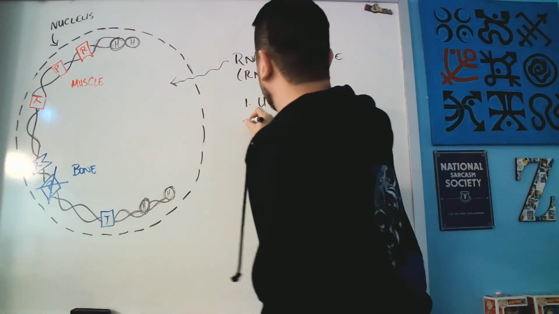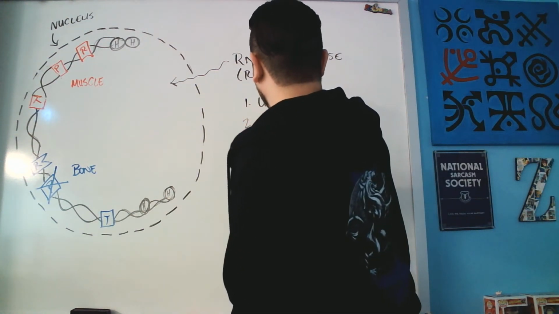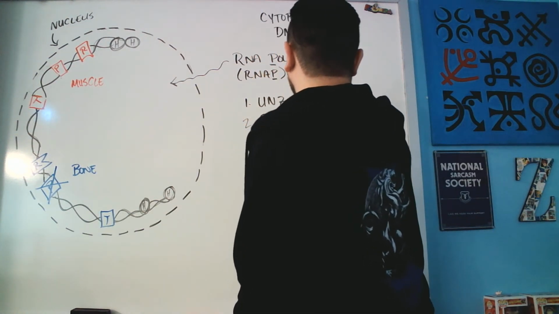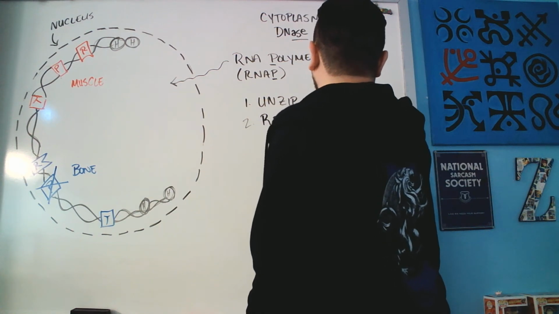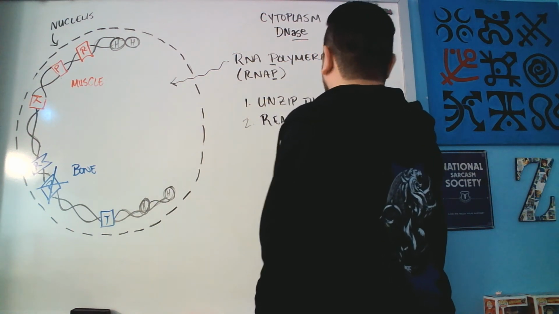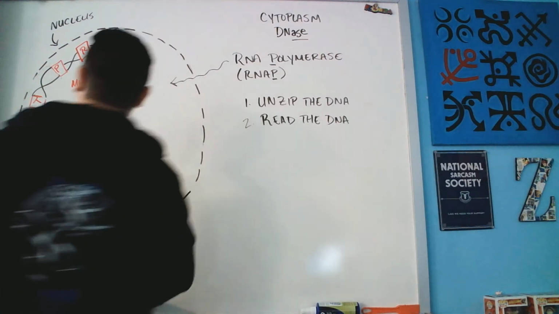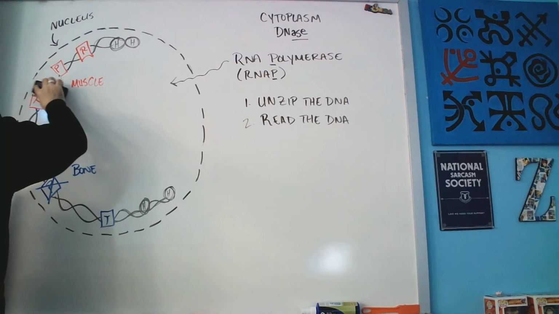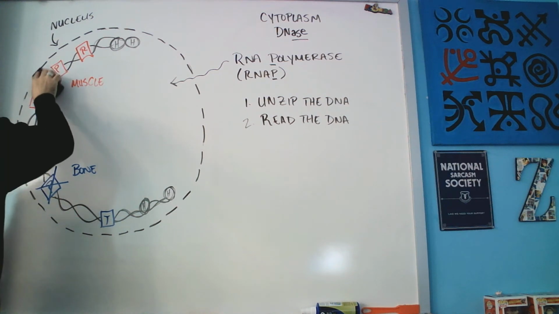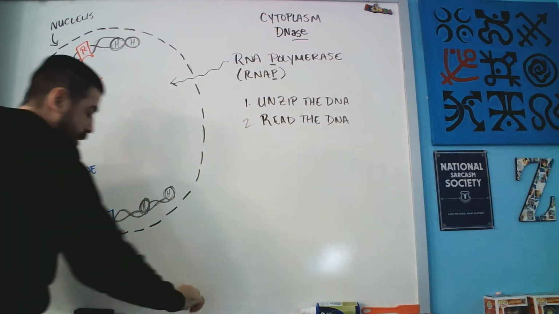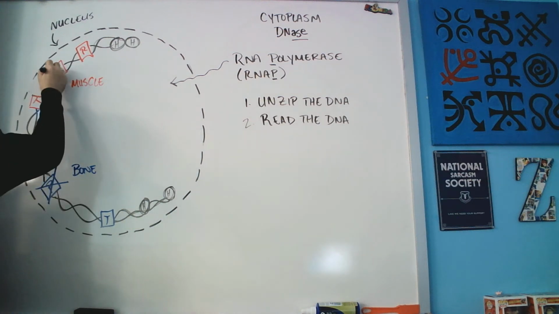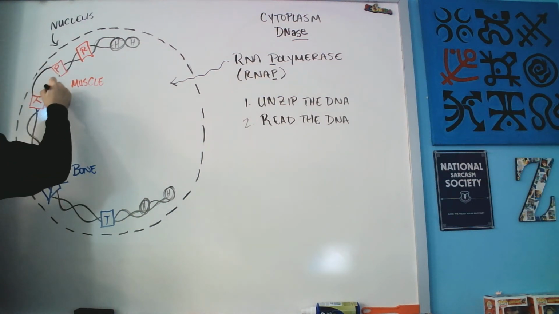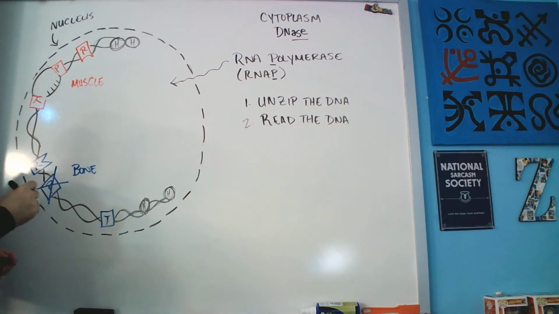RNA polymerase is then going to read the DNA. And it might look something like this. It comes over here, finds the promoter, knows where the termination sequence is, right? Because that's labeled for us as well. It takes that DNA and it unzips it so that we can read what those nitrogen bases are.